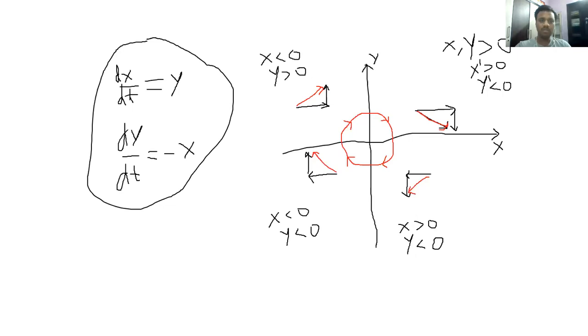Means minus beta SI is equal to 0, right? And beta SI minus gamma I, or you can take I as common.